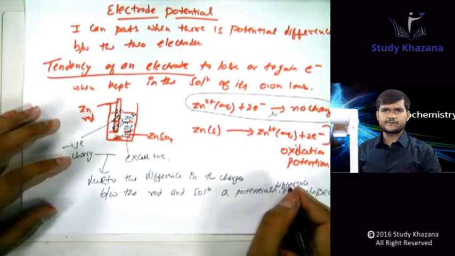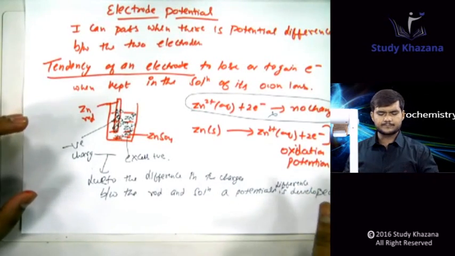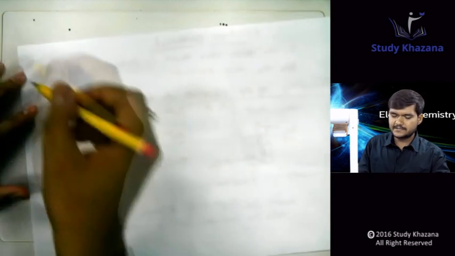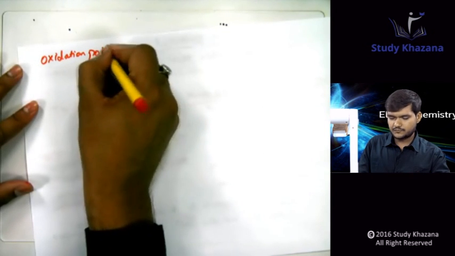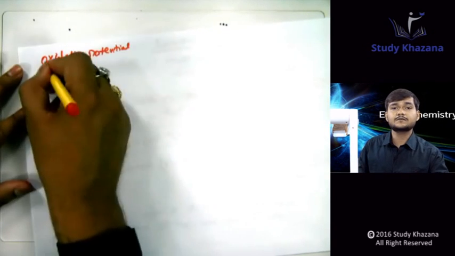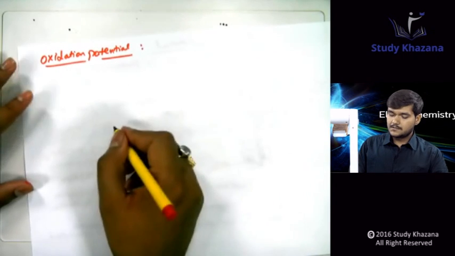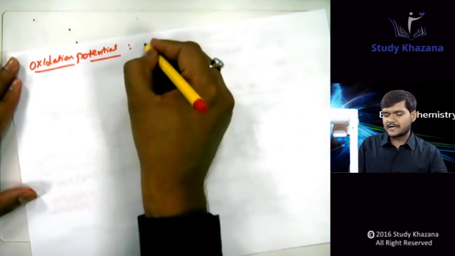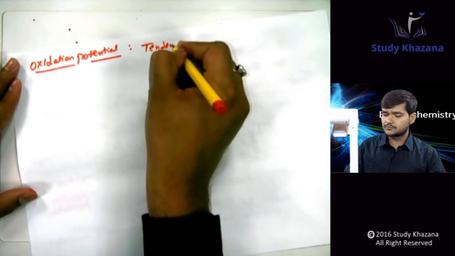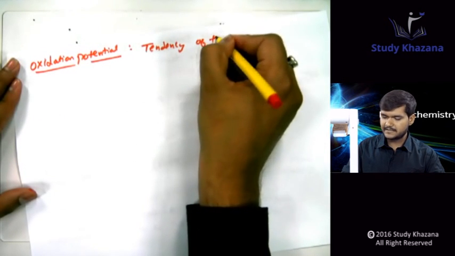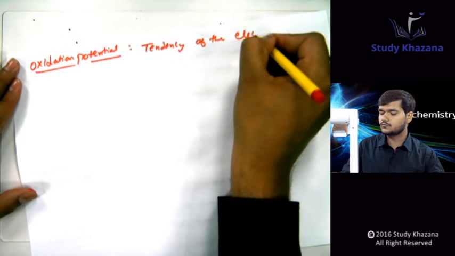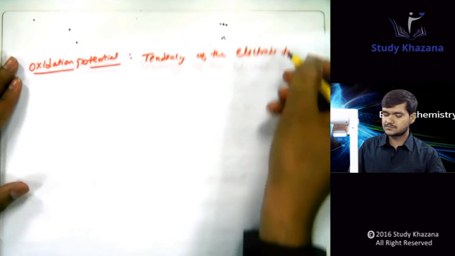Now I will give you the definitions of oxidation potential and reduction potential. Oxidation potential: it is the tendency of an electrode to lose electrons.